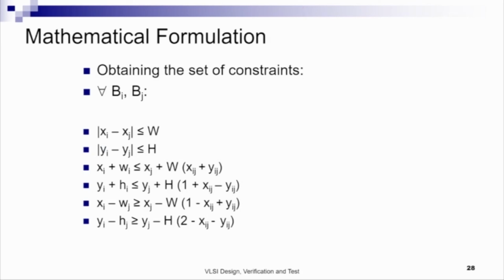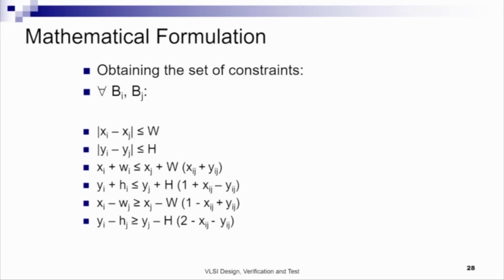Similarly, for the fourth constraint, yi minus hj will be greater than or equal to yj minus 2h will be trivially true.